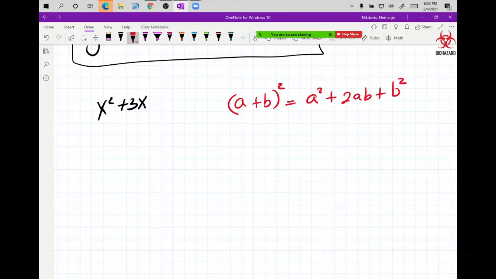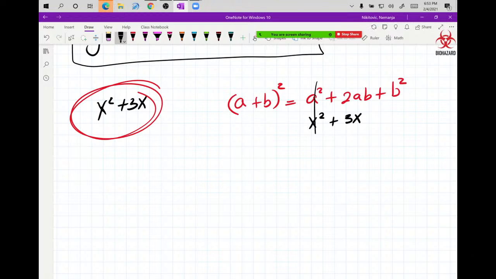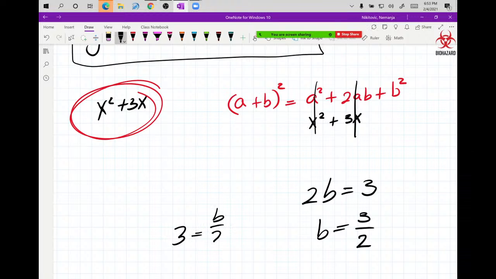Now, if you consider your problem, you have x squared plus 3x. Now, if your a is x, then that knocks off that, and look what you got. You got 2b and 3. So if 2b is equal to 3, right, then b is 3/2, which was exactly what our formula was. 3 was b over 2.